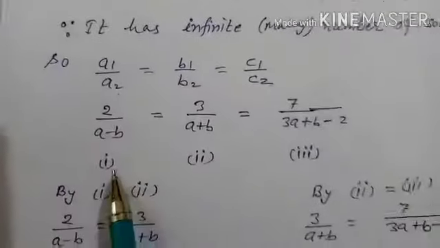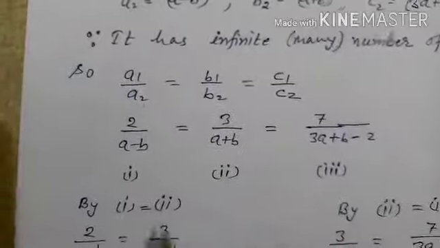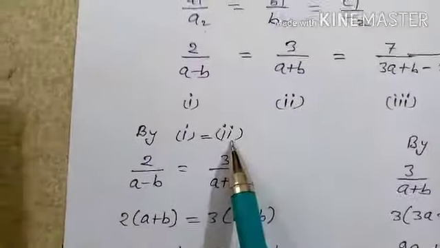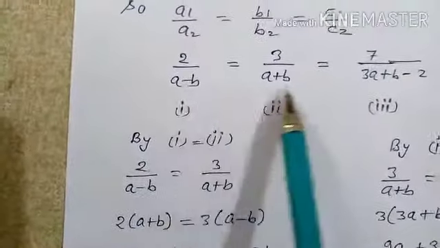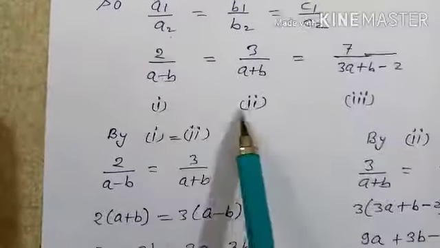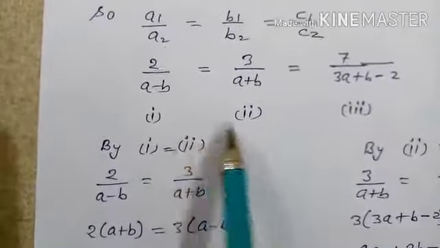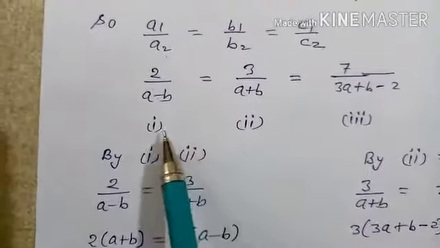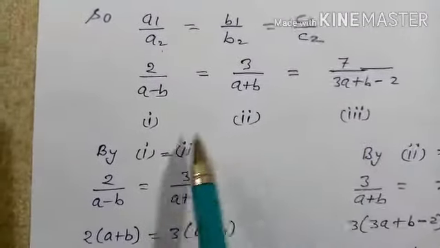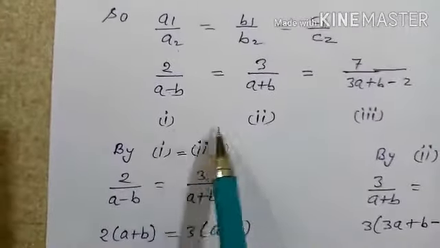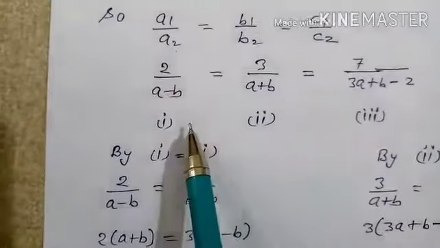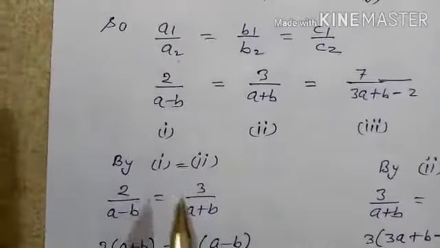Now call these equations number 1, 2 and 3. Since all three ratios are equal, there is no restriction: you may take first and second, first and third, or second and third. So you may take first and second.